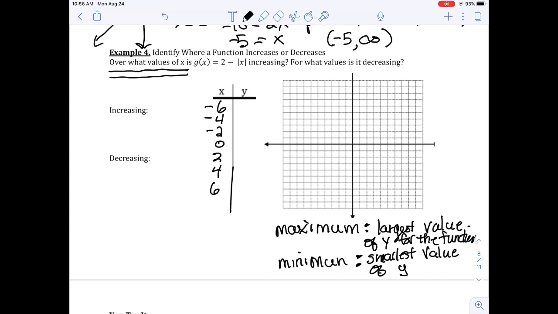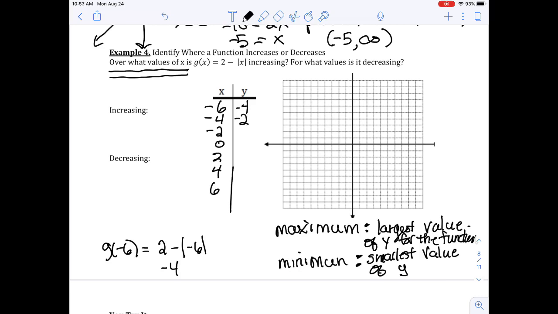And when I plug them in, I'm going to get... So think about it. If I do g of -6, just to remind you of function notation, that's going to be 2 subtract the absolute value of -6. 2 minus 6 is -4. So -6, -4.